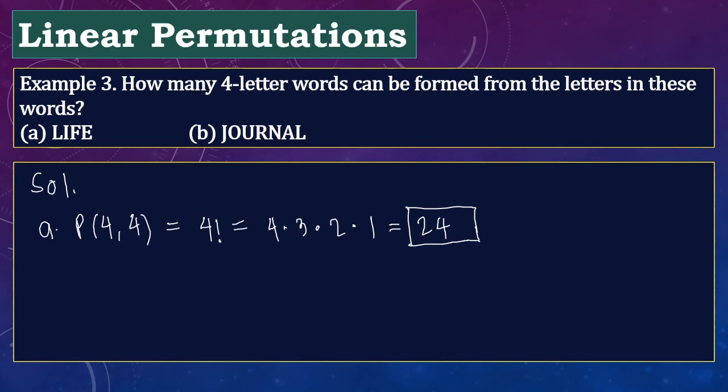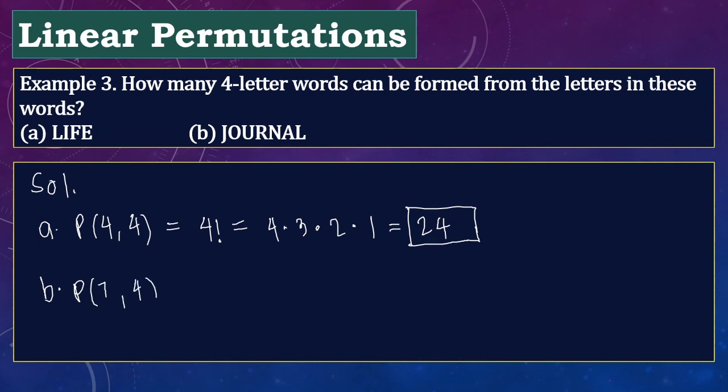Okay, what about in letter B? Okay, so sa letter B, how many letters do we have in the word journal? So 1, 2, 3, 4, 5, 6, 7. Okay, so 7 letters lahat meron sa word na journal. So, ang tanong dito is how many 4-letter words can be formed from the letters in this word sa letter B. Okay, so that is permutation of 7 taken 4 at a time.